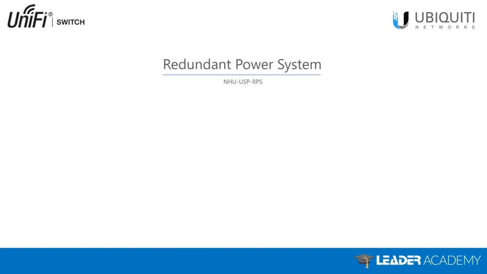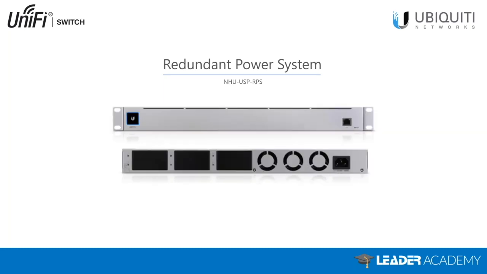All right, so another great addition to any deployment is the UniFi Smart Power Redundant Power System. This is a proprietary redundant power system designed to protect up to 6 supported devices from any sudden power supply module failure. This RPS device continually monitors all attached devices.